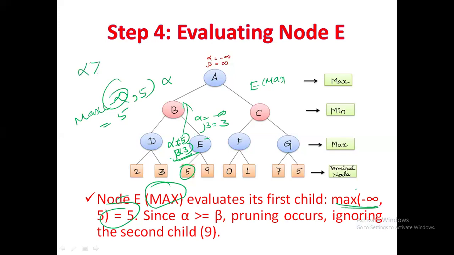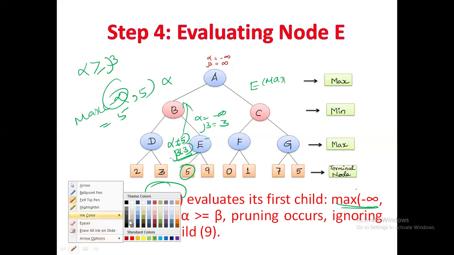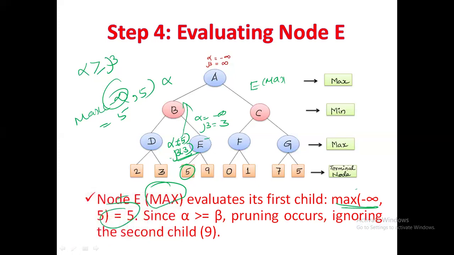What is the pruning condition? Alpha should be greater than or equal to beta, and it is met, meaning the right child of E is pruned. This value is going to be pruned, so we mark it like this. It should be ignored. Thus pruning occurs and node E returns to node B.